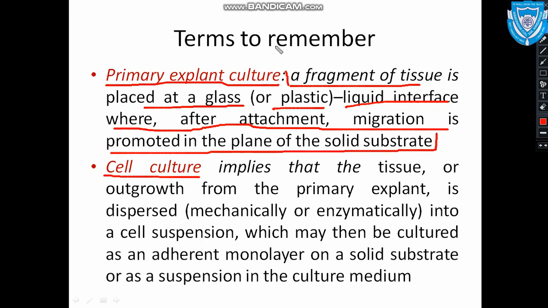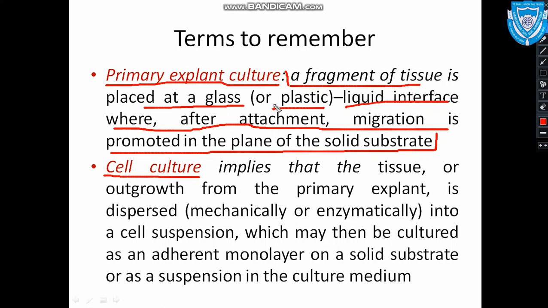So this is called primary explant culture. In more elaborate fashion, it is the culture produced by freshly isolated cells. The culture by freshly isolated cells or tissue taken from an organism is the primary culture. This is the basic definition.